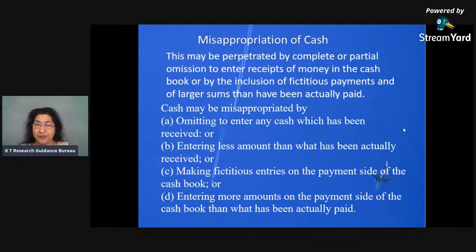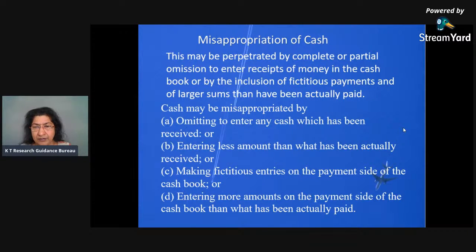Means, suppose one debtor paid money but the accountant has not recorded this transaction intentionally and he put this money in his pocket, or the debtor paid 1 lakh rupees and he mentioned only 50,000 rupees and the rest of the 50,000 he put in his pocket. This way he can do mischief.